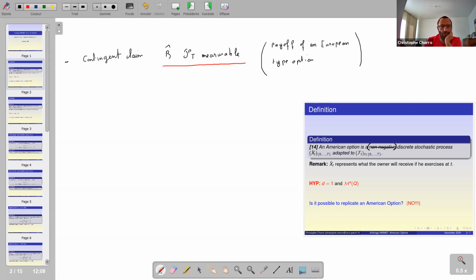So an American option is not a single random variable anymore, but a stochastic process such that X hat t is F t measurable. I want an adapted process.